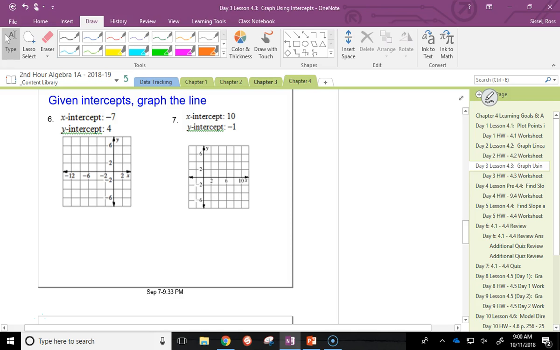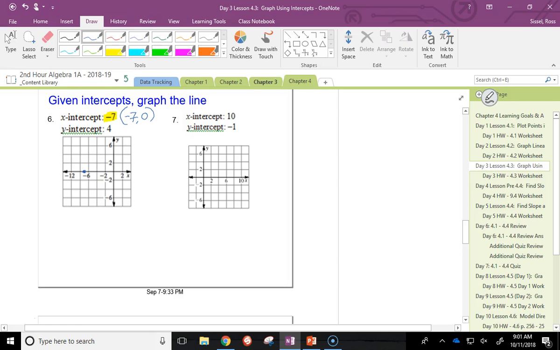On here, given the intercept, graph the line. If I know my x-intercept is negative 7, that tells me my coordinate is negative 7, 0. So I'm going to go, here's 2, 4, 6, 8. It's right here. That is my x-intercept.